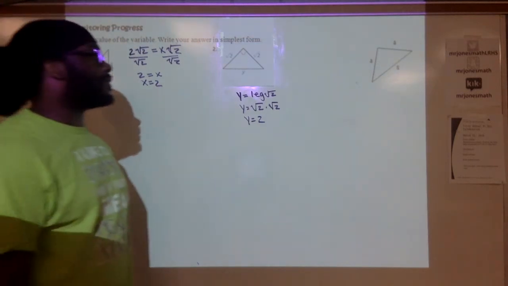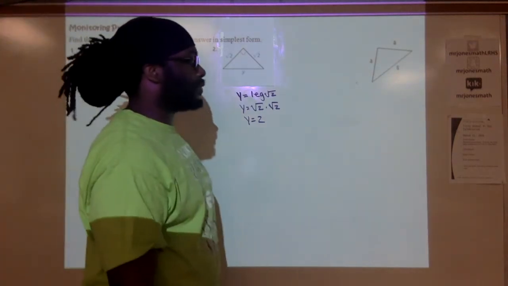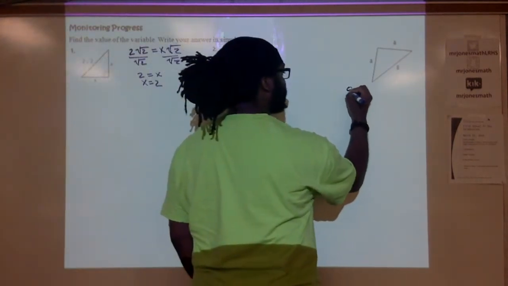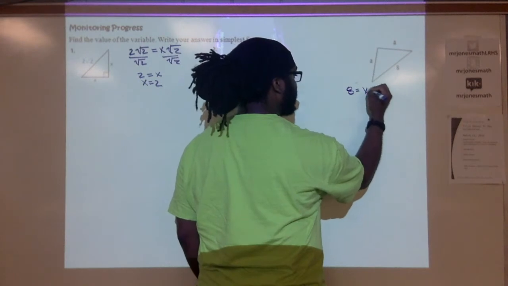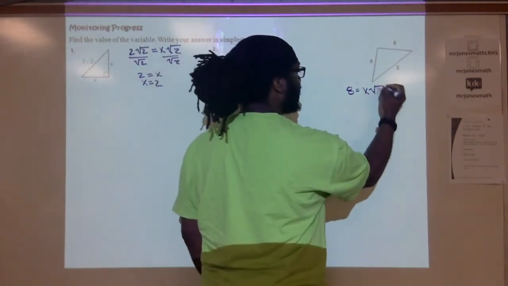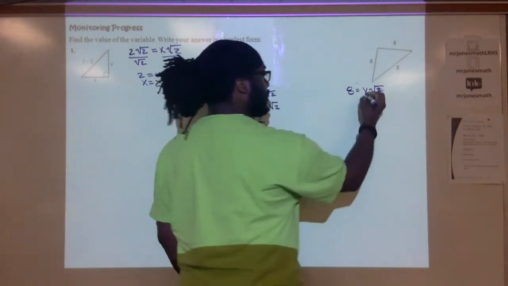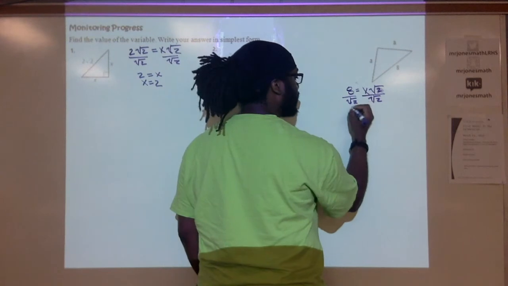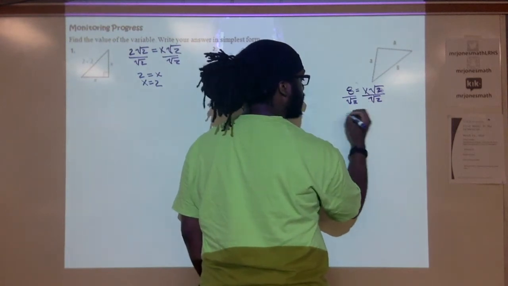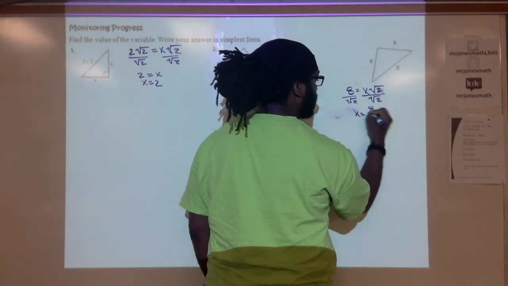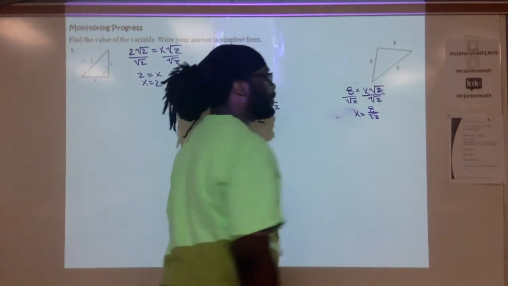And then the third problem here, we have the hypotenuse as 8. We know the hypotenuse, again, in a 45, 45, 90 triangle equals x times the square root of 2. Or again, if you can remember to just simply divide by the square root of 2, that would be your answer.